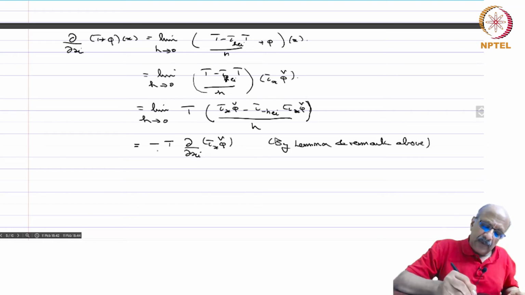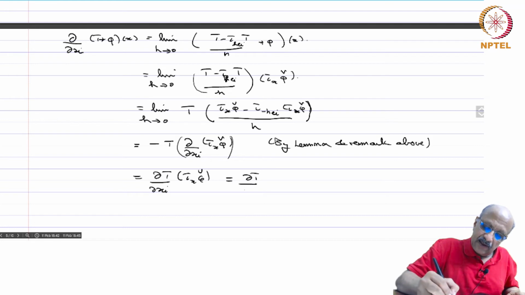But what is this? Minus T of d by dxi is nothing but dT by dxi acting on tau x phi, cheshire, and this is nothing but dT by dxi star phi evaluated at x.